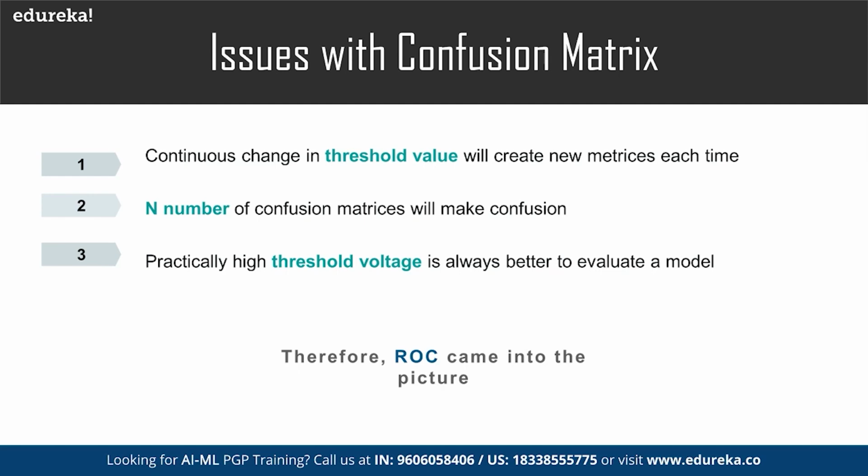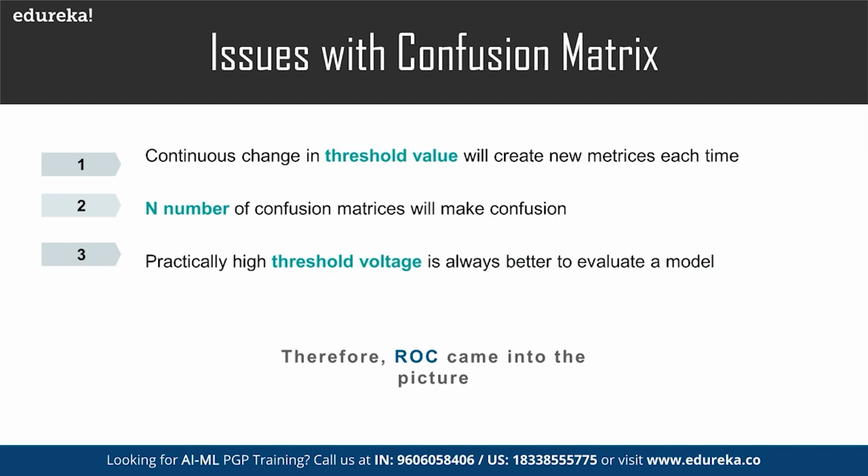Coming to the confusion matrix, continuously changing the threshold value will create new metrics each time. This is quite challenging, so that is why the confusion matrix fails, I would say. When we do not have such a scenario in place, we do not worry about it, and we go on to use the confusion matrix. But n number of confusion matrices will cause confusion.